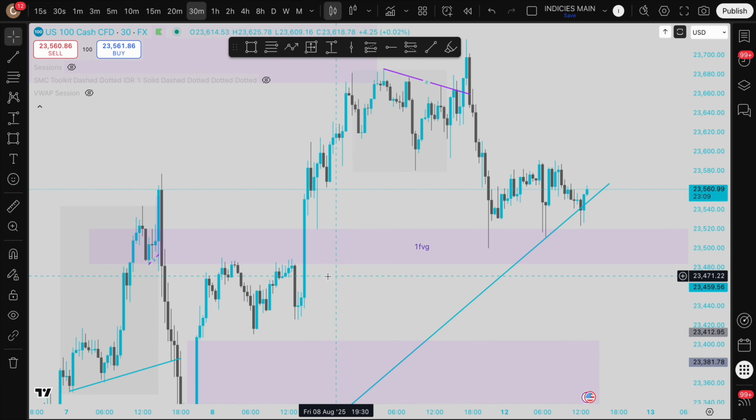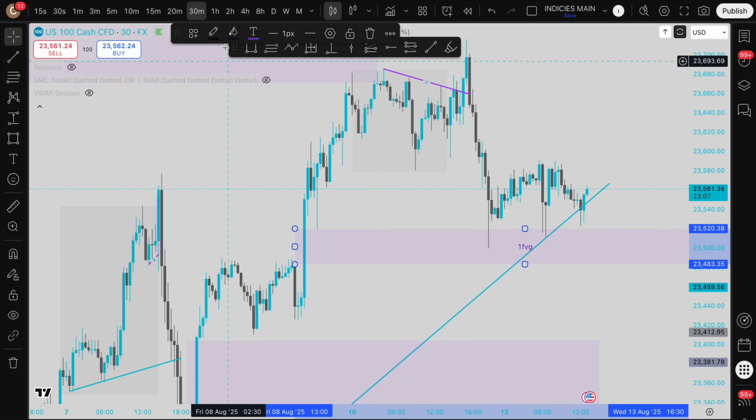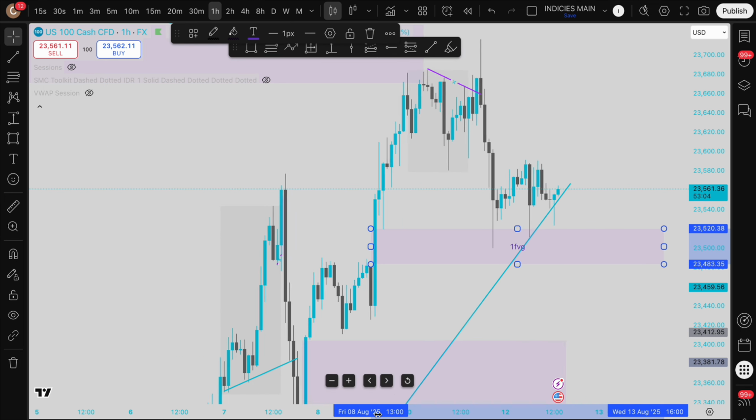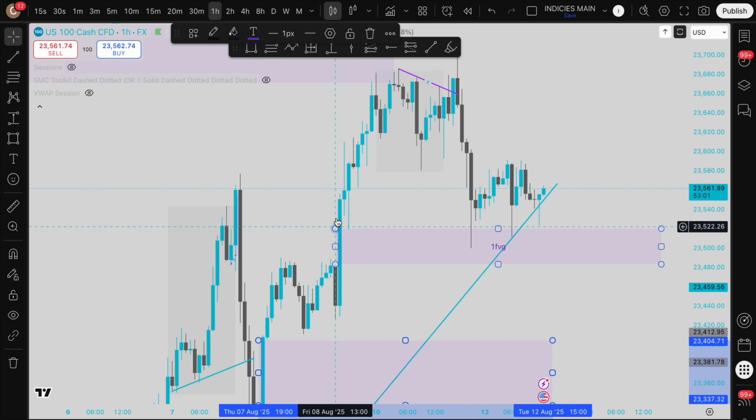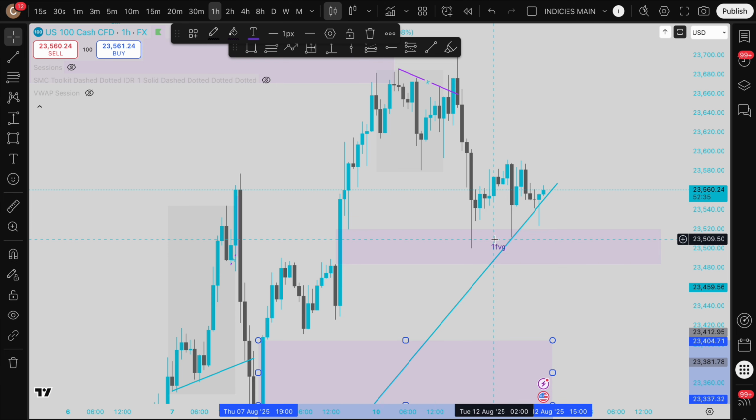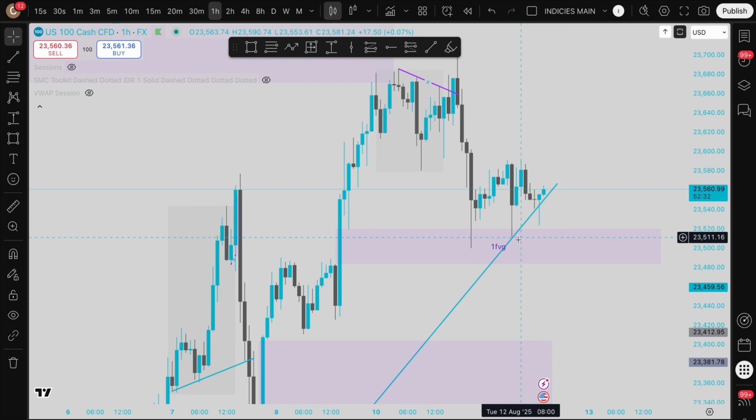So basically, a 1 hour fair value gap is, if we jump onto the 1 hour, we can see that this candle here is full bodied, tiny wicks, which basically means price was traded unfairly for that amount of time, which basically means from the highest wick to the lowest wick, the price in the middle of that is the fair value gap, where price likes to be attracted back to it. Doesn't happen every time, but price, more often than not, will be attracted into that zone, as we can see perfectly here. And also we've got the trend line, which perfectly aligns.